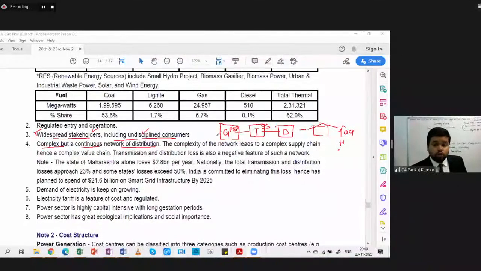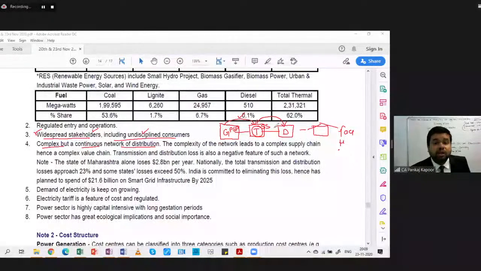Agreed? So when the power moves from the power generation plant to the substation of the transmission company, the voltage is quite high. The voltage needs to be controlled. The power needs to be controlled. The current needs to be controlled and brought to a lower level.